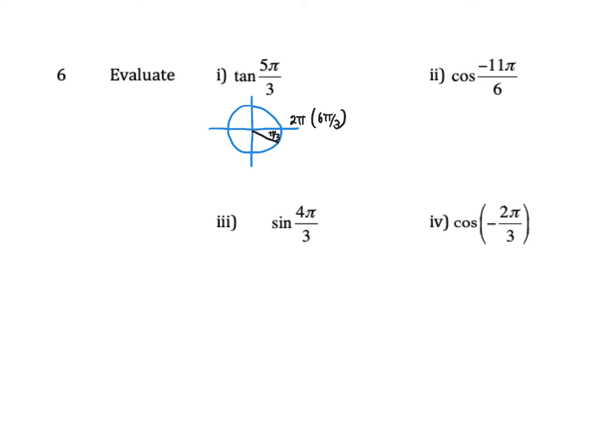So the answer to this is equal to, now if we think about the CAST, the C implies that only cosine is positive. So this answer is going to be equal to negative tan pi on 3. Okay, so we can therefore use our hand trick if we like.